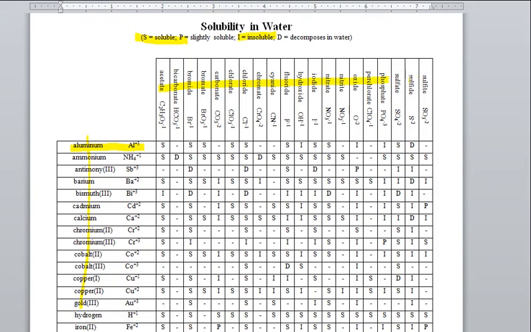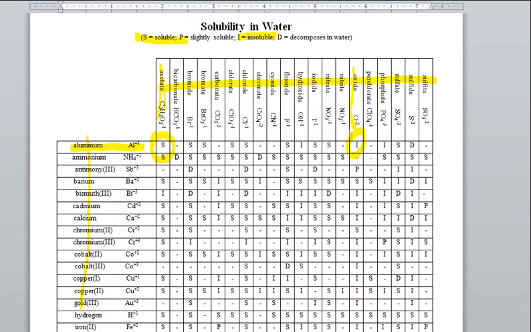Up here are all the anions. So if you wanted to compare aluminum and acetate, where they intersect, S means soluble. It means aluminum and acetate would be soluble. If you mixed aluminum with oxide, there's the I. Those two, if they were solvated and came in contact with each other, would form a precipitate.